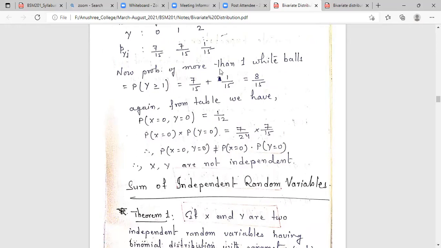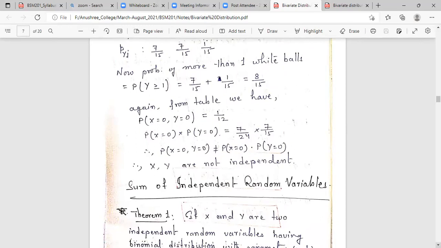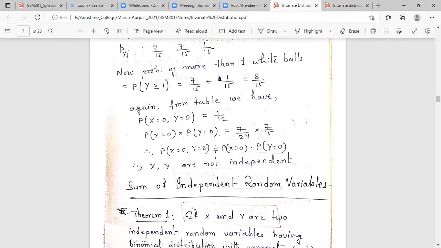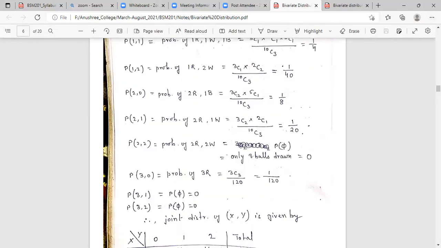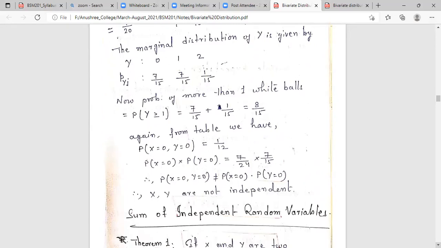So this clarifies the total problem of independency, which contains the concept of independency, marginal distributions, as well as the probability distribution table, preparation of the probability distribution table, and likewise a particular probability also we have found.